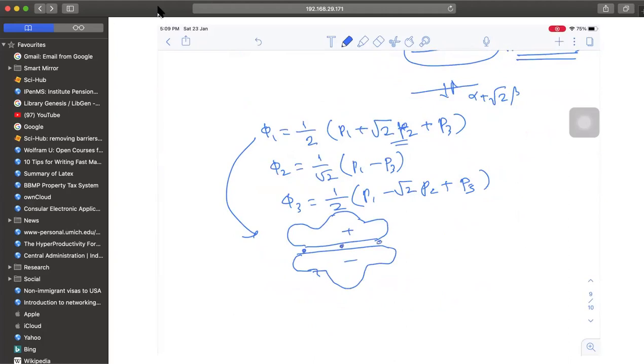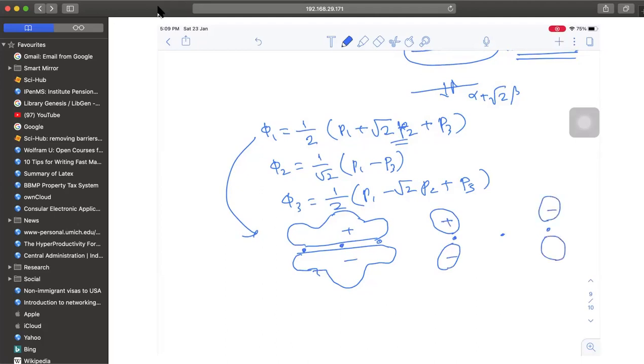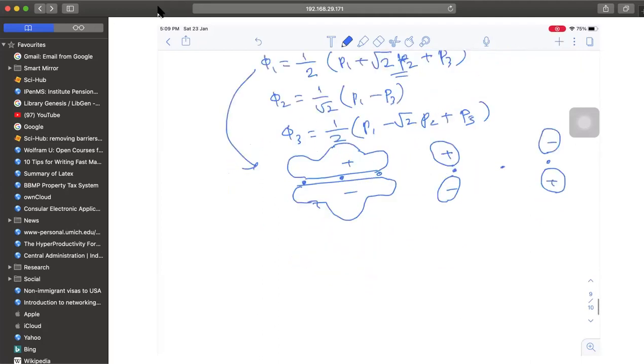So this will be the molecular orbital phi1. In comparison, phi2 will have a contribution from p1 and p3. P1 will occur with a positive sign and p3 with a negative sign. So this is how phi2 will look.